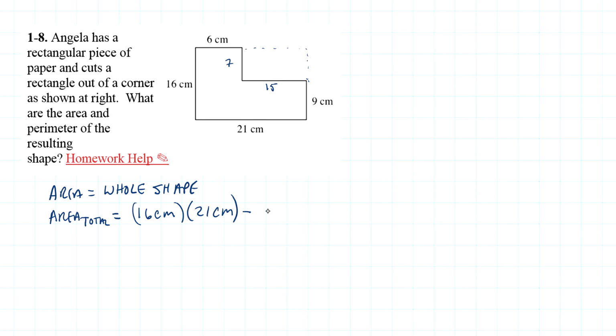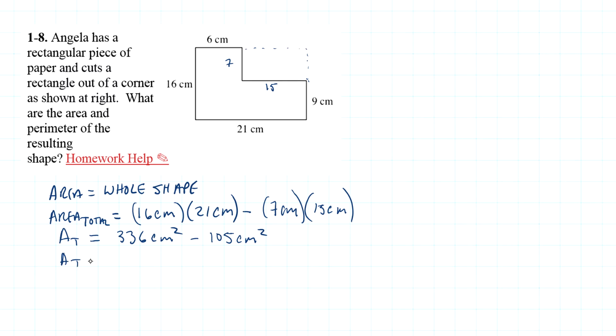And so then I'm going to subtract out the area of the rectangle, which is going to be 7 centimeters times 15 centimeters, okay? So then the area of the total shape is going to be 16 times 21, which is 336 centimeters squared, minus 7 times 15, which is 105 centimeters squared.